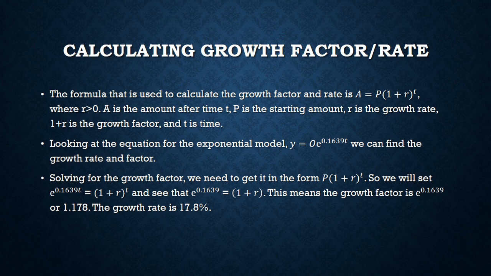So e to the 0.1639t can be rewritten as e to the 0.1639 raised to the t, because exponent to an exponent, you multiply. Now the t's cancel, and we have the equation e to the 0.1639 equals 1 plus r. This means the growth factor is e to the 0.1639, or 1.178. So the growth rate is 17.8%, or 0.178.